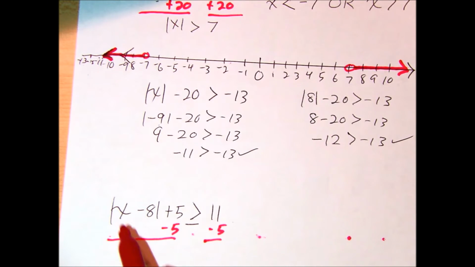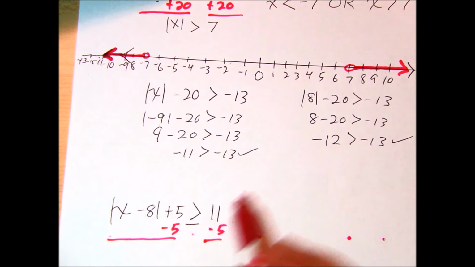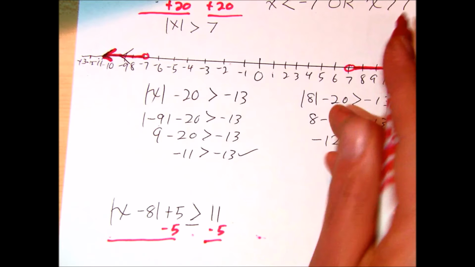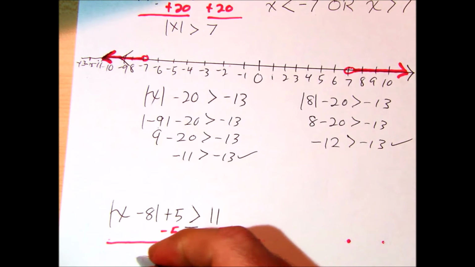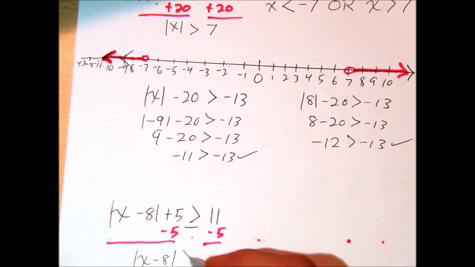So again, we have a greater than or equal to, so we're working with an OR statement. I want to isolate the absolute value expression first. So I end up with the absolute value of x minus 8 is greater than or equal to 6.